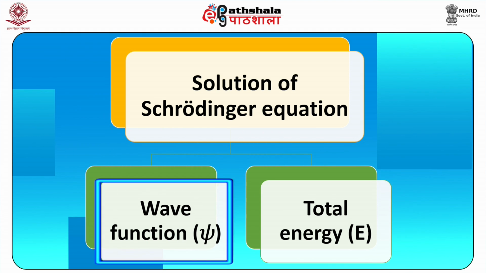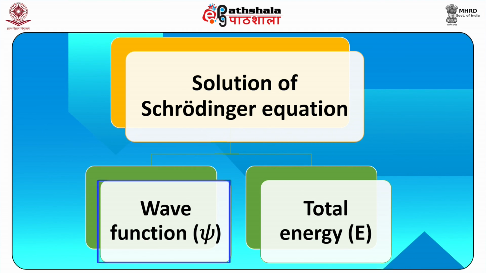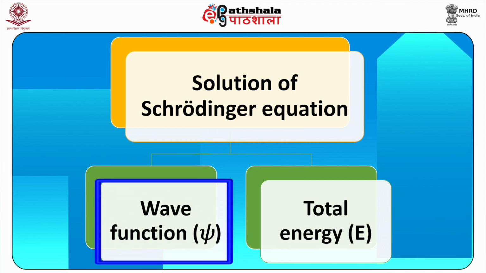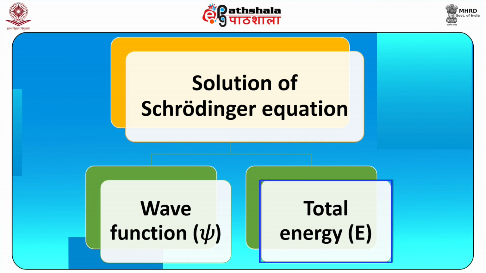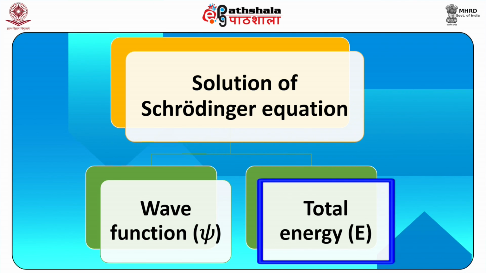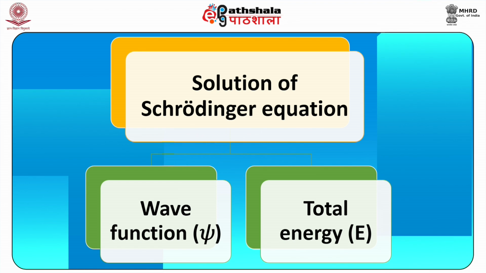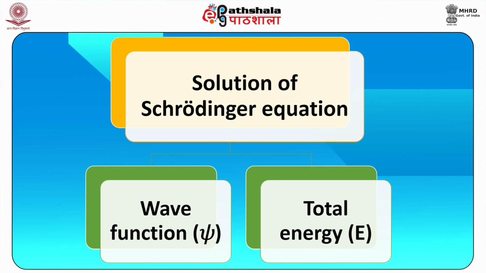The entire information about the system is contained in this wave function. Therefore, it is also called the storehouse of information. And the second parameter which we get through the solution of the Schrödinger equation is the total energy E.